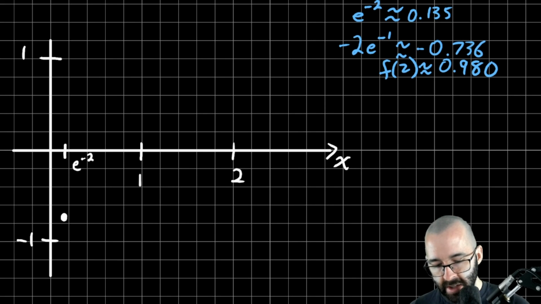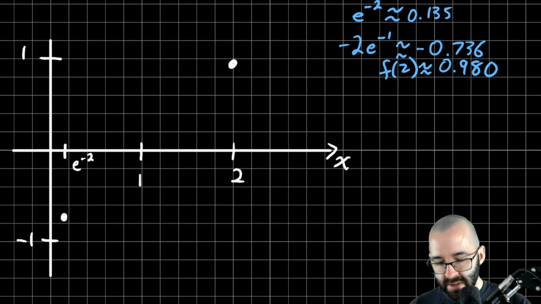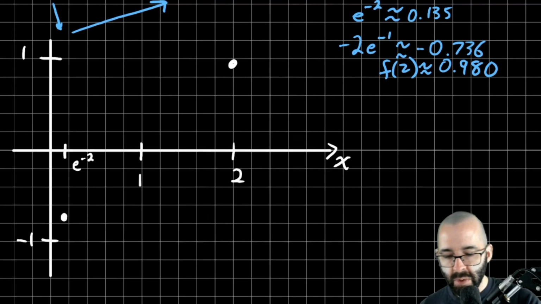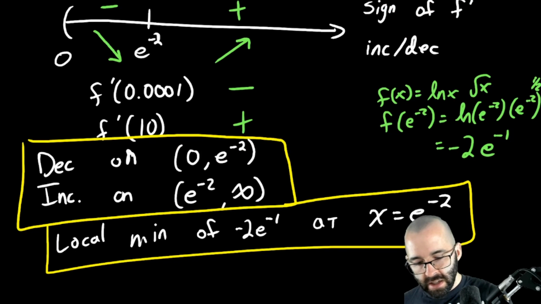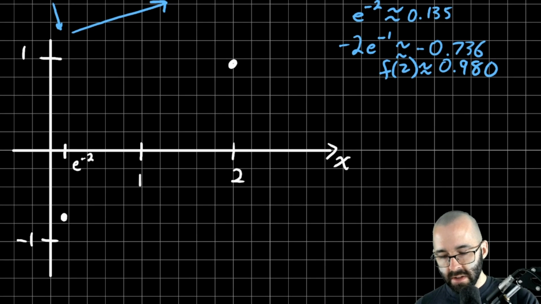All right. And then we also know that there's a function value around here. So we know it's decreasing until the local minimum and then increasing afterwards. It's decreasing here and then increasing everywhere else. What else do we know? We know there's a point of inflection at 1, 0.